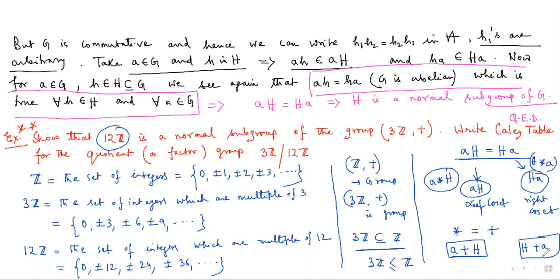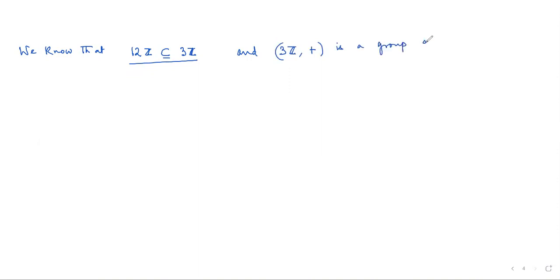We know, and it is clear to observe from the definition, that the set 12Z is a subset of the set 3Z, and 3Z plus is a group, and also 12Z is definitely non-empty.